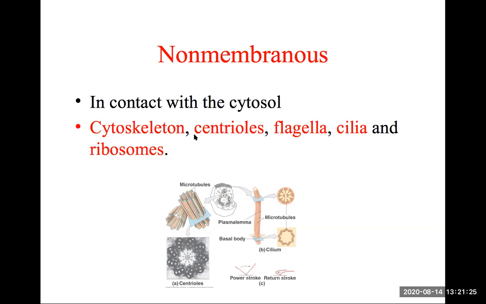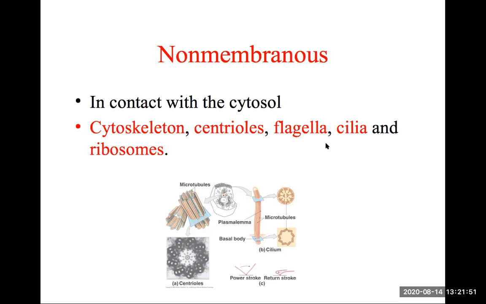These ones: cytoskeleton, that is the skeleton of the cell. Structures called centrioles, which we are going to talk about when we look at how cells divide. So these guys down here. Flagella and cilia, which are both structures that push a cell along or push materials across cells.